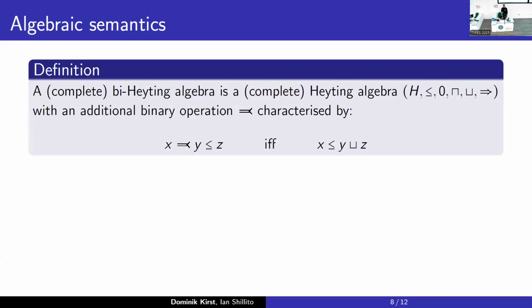So you look at Heyting algebras. Heyting algebras mean these structures which exactly give you all necessary algebraic structure to interpret logical connectives. And then you add one additional connective, which exactly allows you to interpret exclusion. So nothing interesting is happening there. They are called bi-Heyting algebras usually.